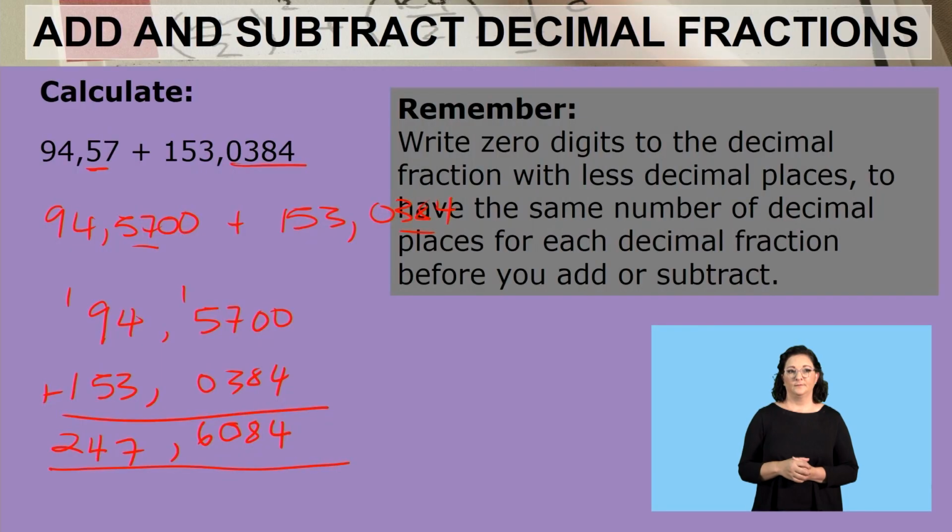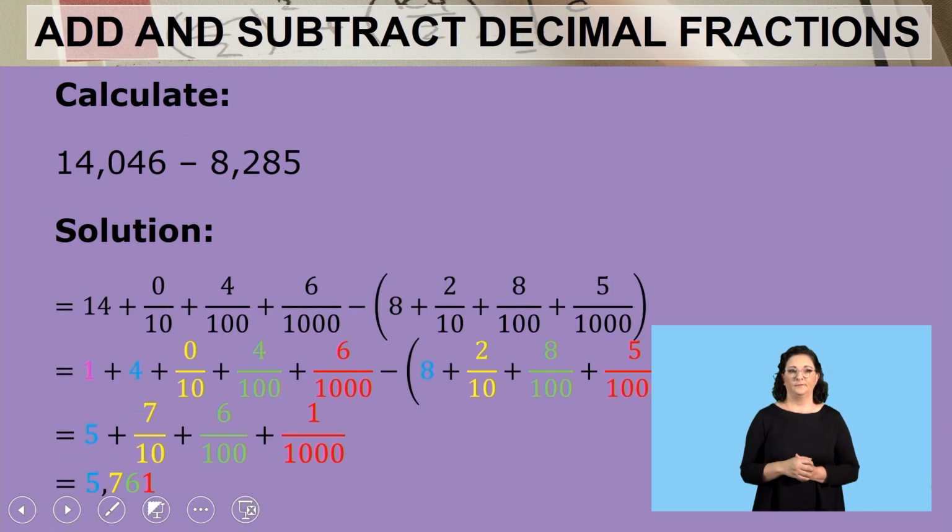Write your zeros as I had said before. This is a subtraction question similar to the one we just did before. We break it down and write it in place value notation, and you now can subtract. Remember, when we subtract, we go from the right, moving to your left.